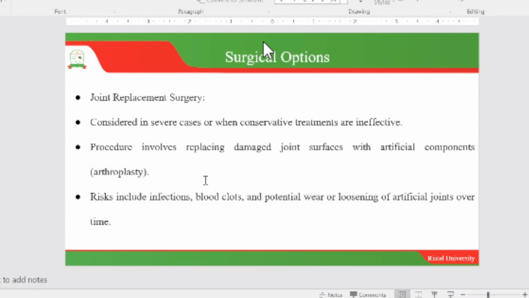So the risks of this surgery could include infections, could also lead to blood clots, and could also lead to potential wearing and loosening of the artificial joints over time. So these need to be replaced every now and then. Okay, yeah.